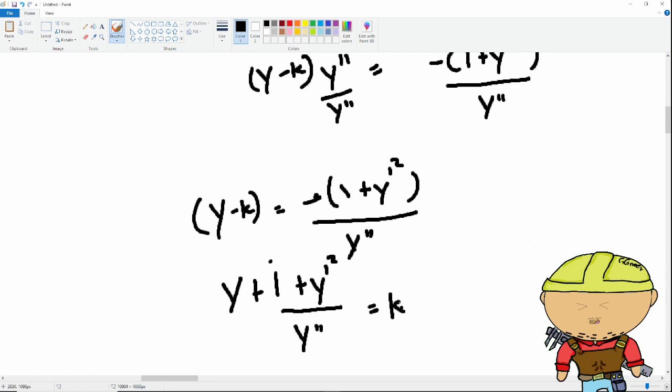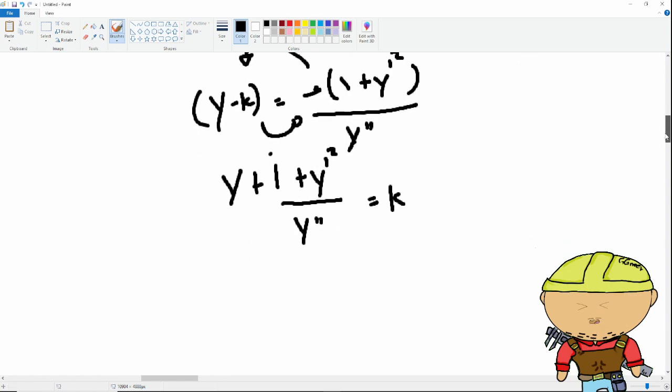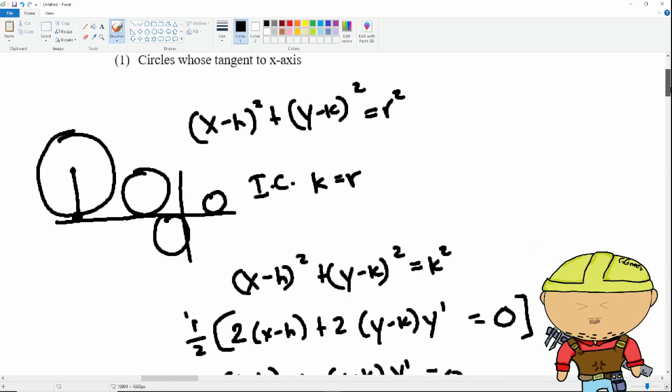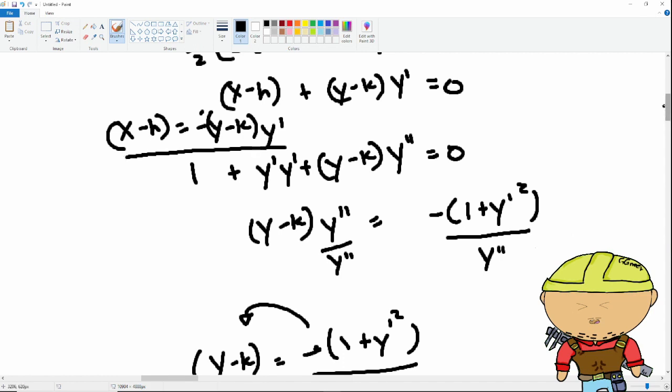Basically, I just transposed the terms. That's our k. And if we substitute them, oh wait, let's get x minus h. X minus h is equal to negative y minus k times y prime. That's x minus h.